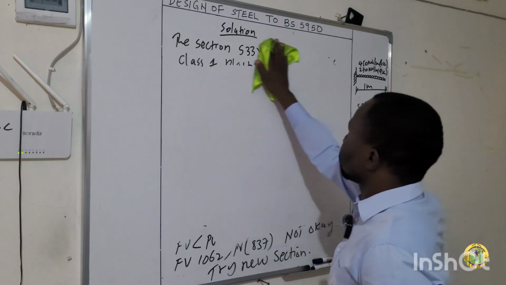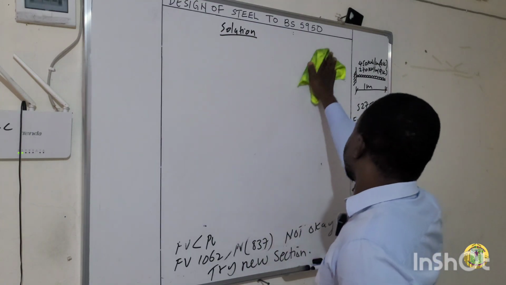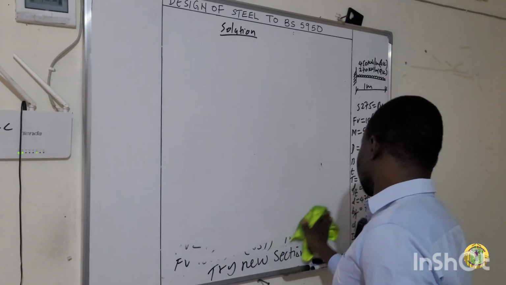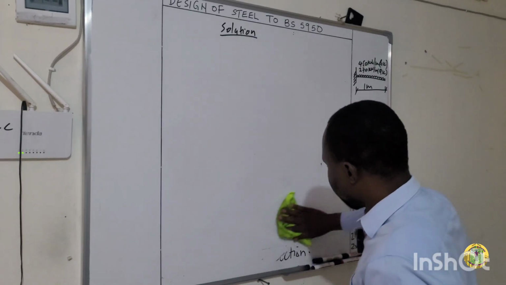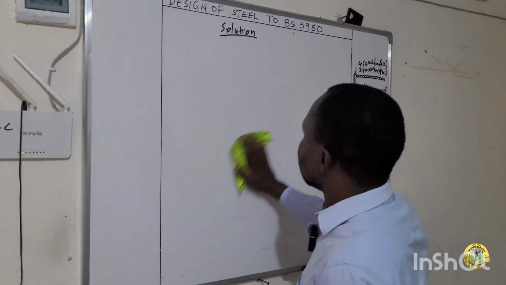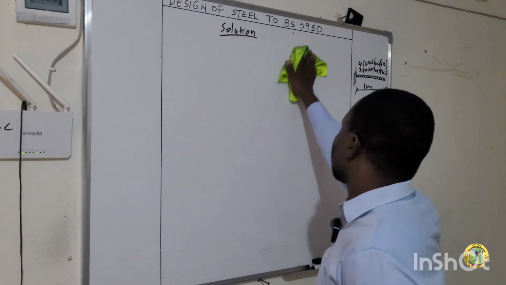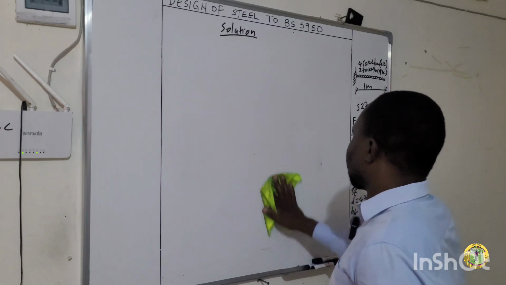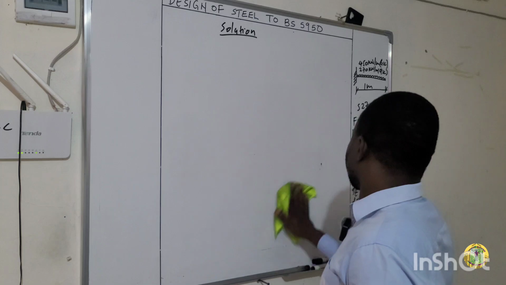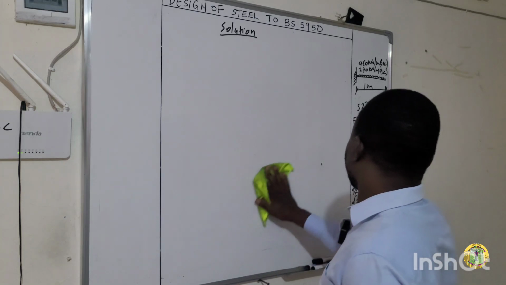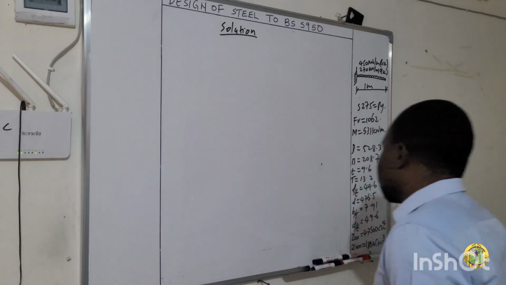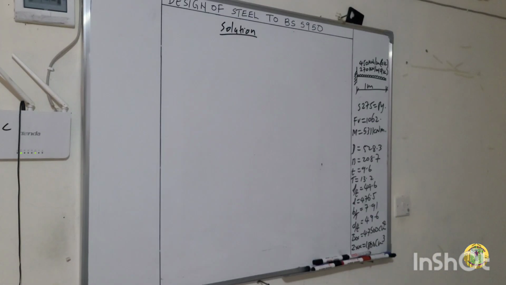Because the section you have selected will fail by shear, we now try a new section. So you will go back again to the universal beam table and select a plastic modulus which has a higher value than 2060, as the one you selected before.